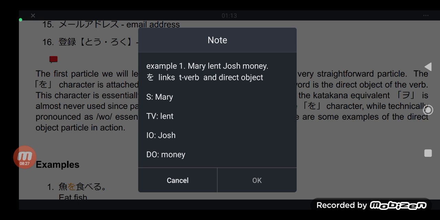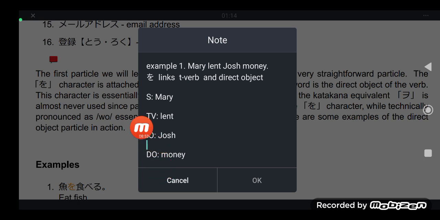So the example: Mary lent Josh money. Mary is the subject, the transitive verb is lent, the indirect object, or the receiver, is Josh, and the direct object is money.